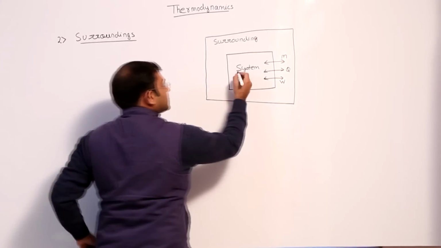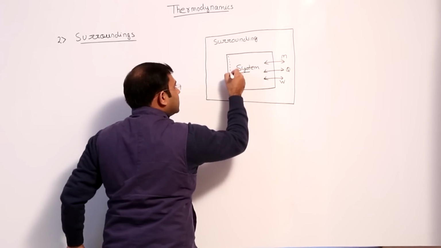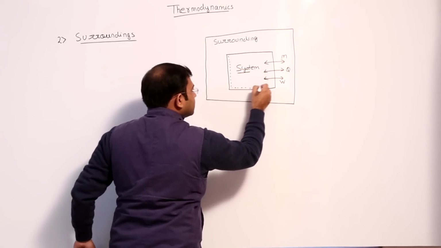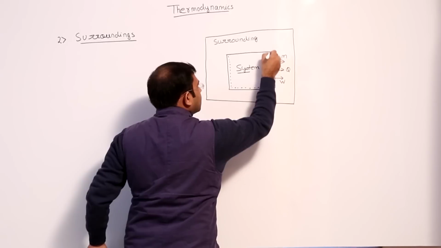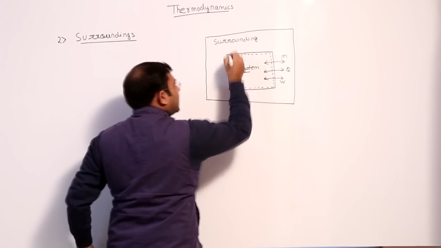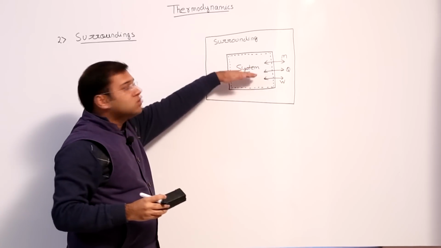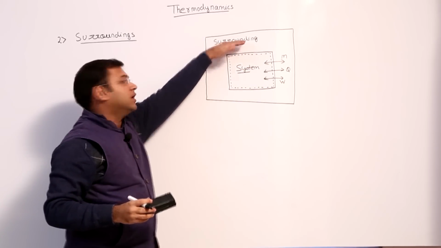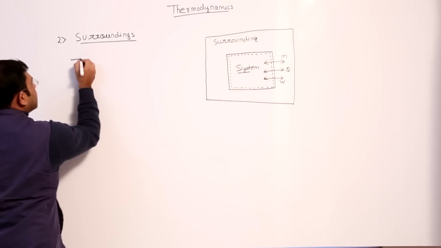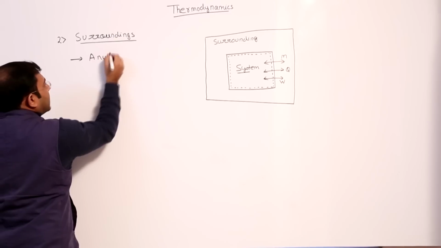See, this is our system. We are interested only in this region. And anything external to the system is known as surrounding.